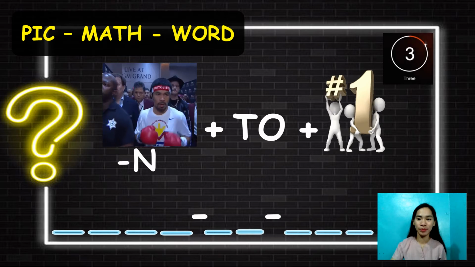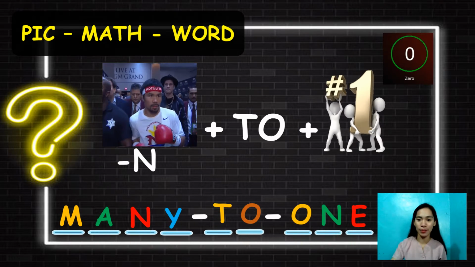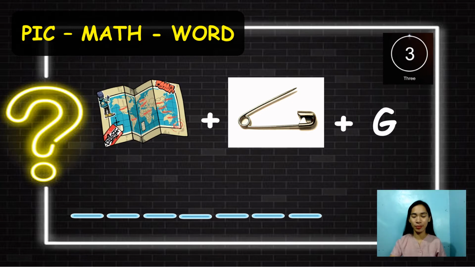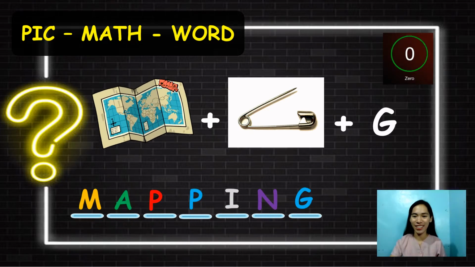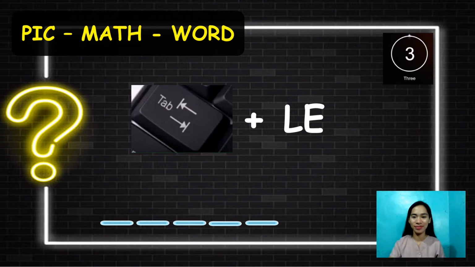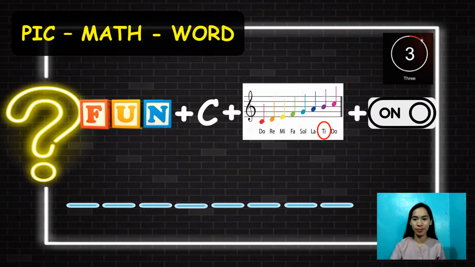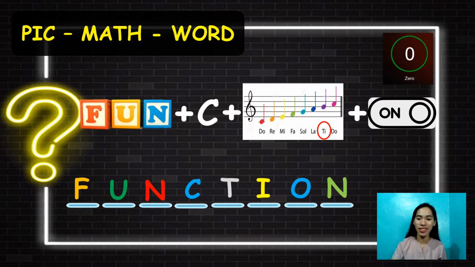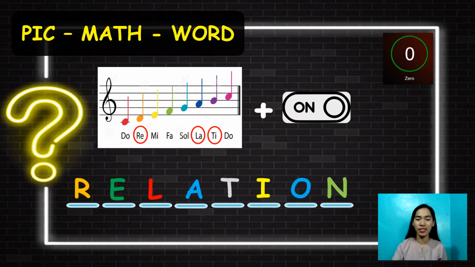This one, many-to-one. Next, this word is mapping. How about this one? The word is table. Next, this is function. Very good. And last, this is a relation.